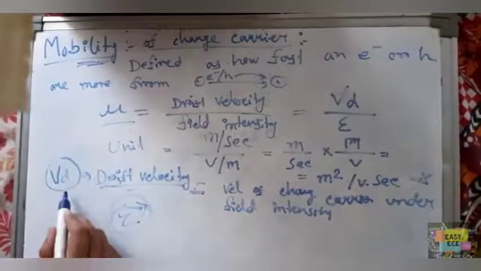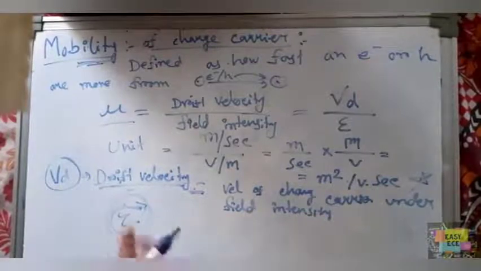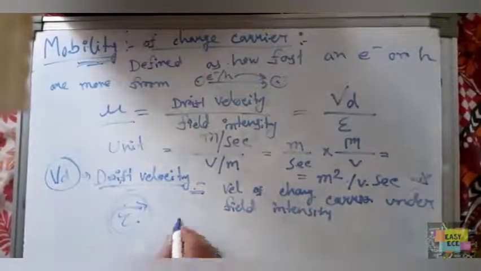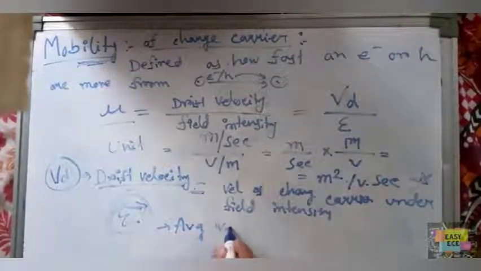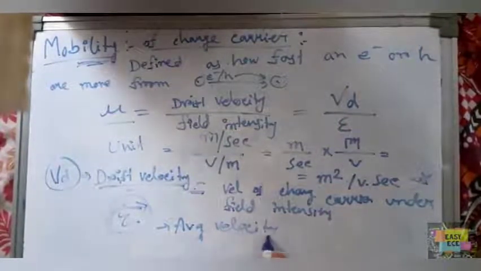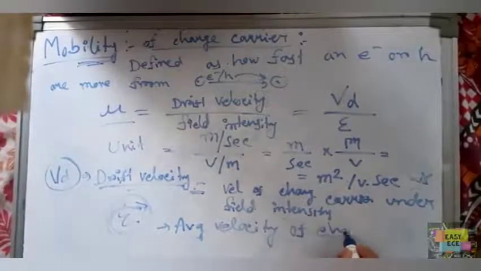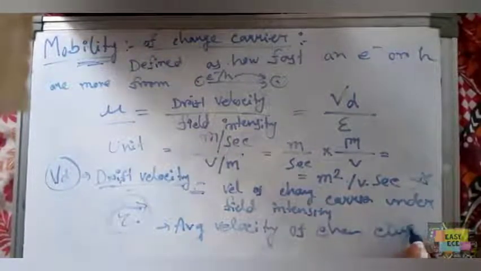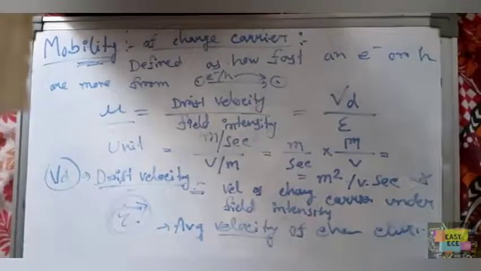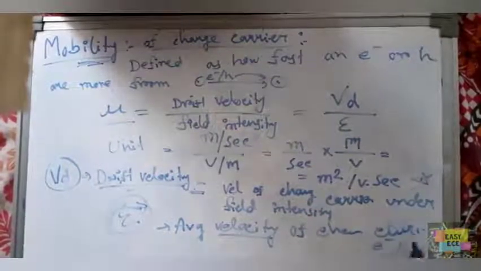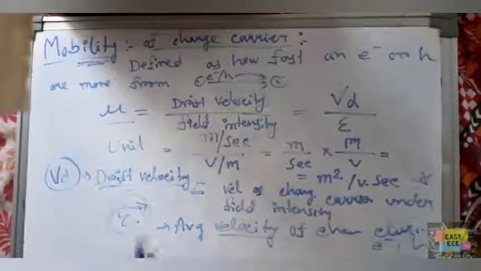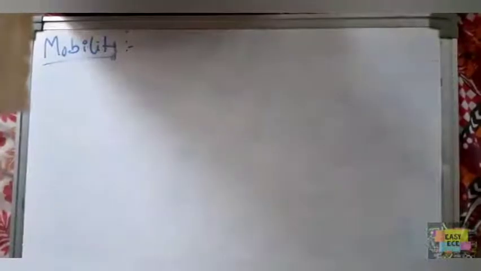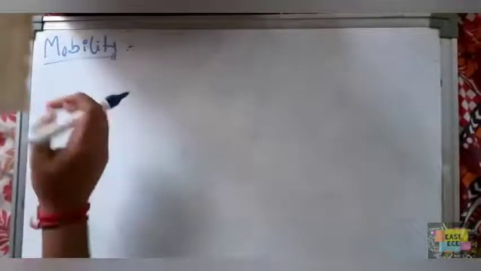Another definition is the average velocity of the charge carrier, that is, electrons or holes. So now we write down the equation of average velocity.